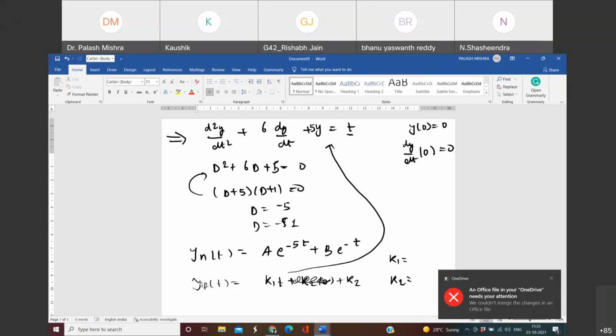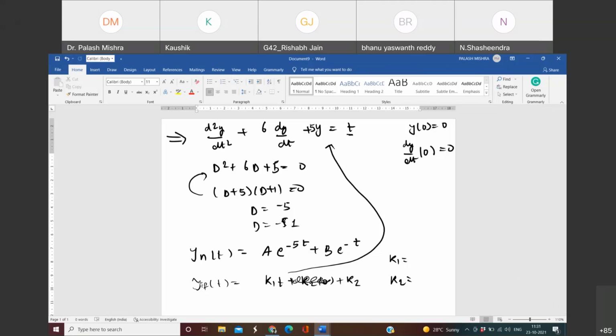K1 and K2, someone has to tell me. Any answers?